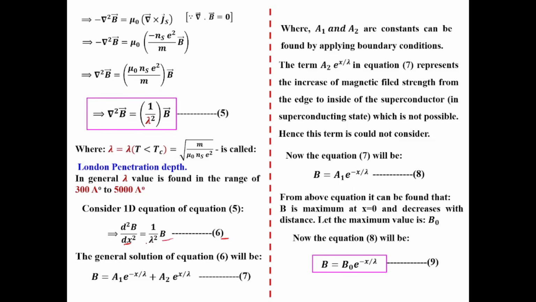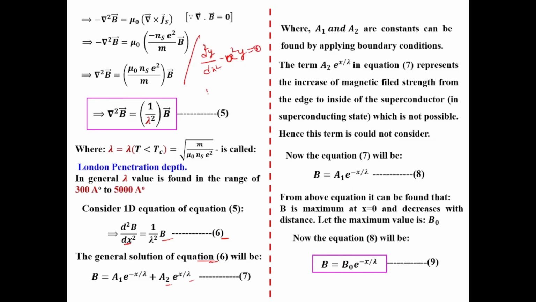So then the general solution of equation number 6 will be what? A1 e to the minus x by lambda plus A2 e to the x by lambda. How? We know del square y by del x square minus m square y equals 0. Suppose we have a differential equation like this, then let this be a square.